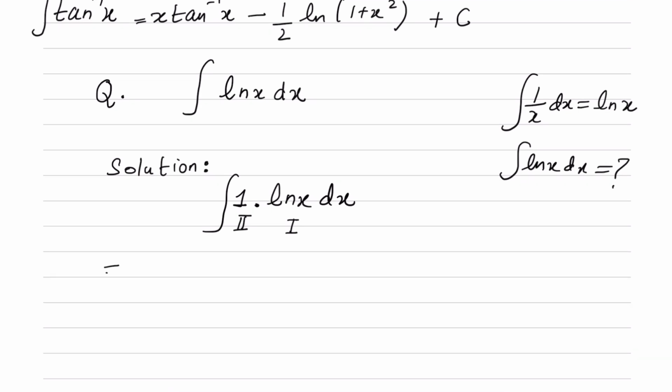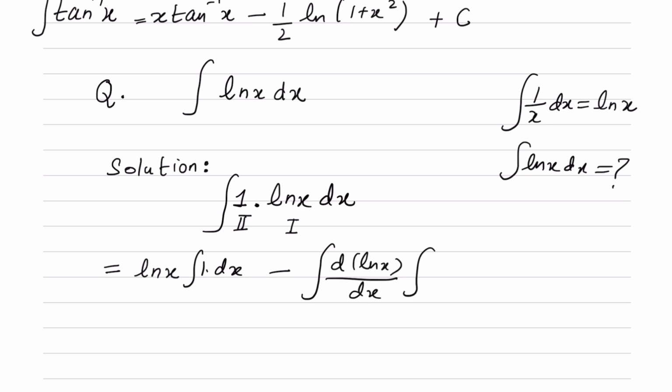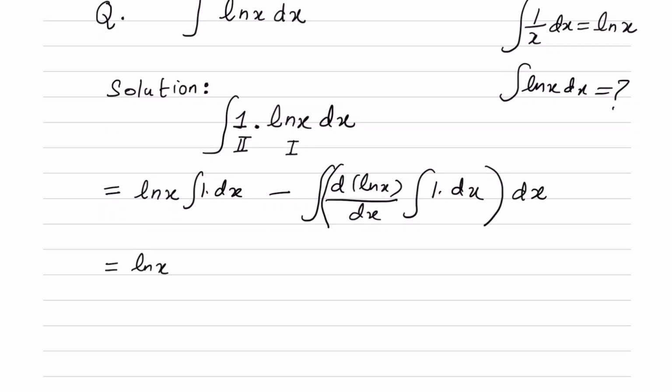Now let's apply integration by parts. What does integration by parts do? The first function as it is, times the integration of the second, minus the derivative of the first function times the integration of the second, multiply these two answers and integrate once again. The integration of 1 dx gives you x, minus the derivative of ln x, which is 1 over x, times the integral of 1, which is just x, integrated once again.